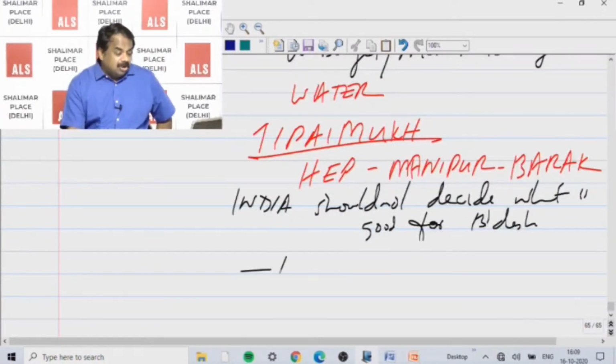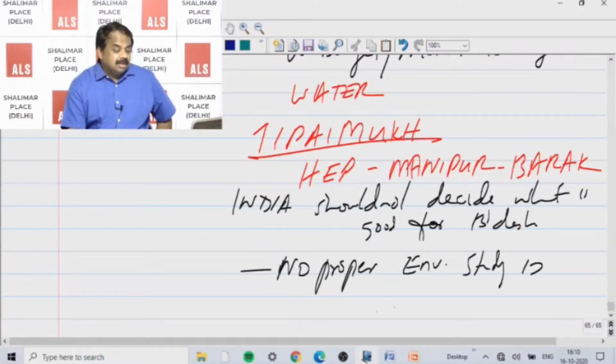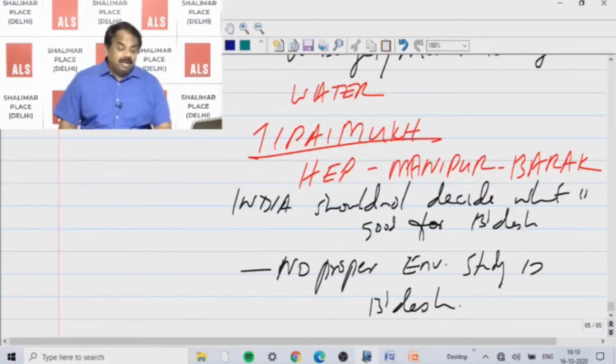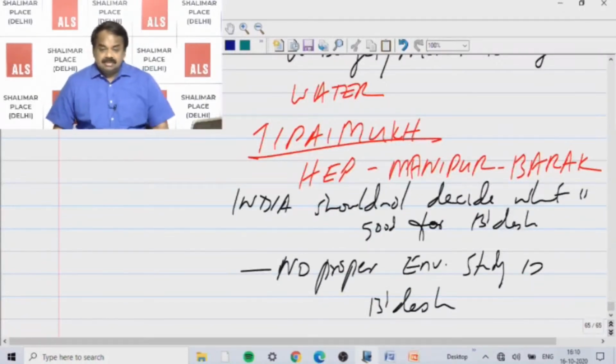So no proper environment study in Bangladesh, as far as what all the effects of it would be. So they are saying at least you conduct it.